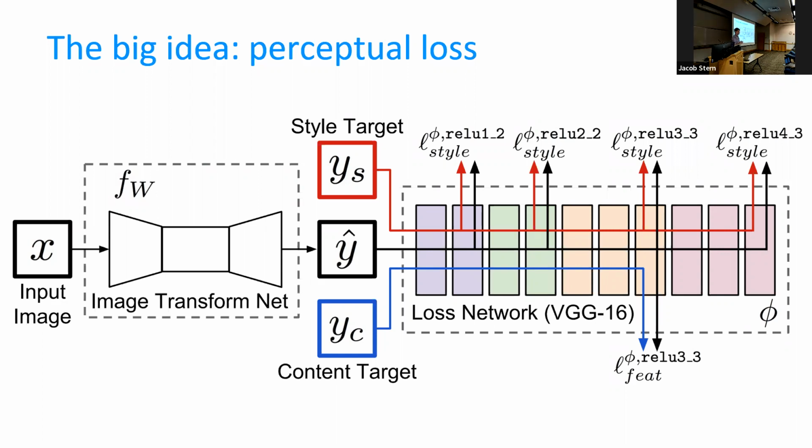Does that make sense? So now how long does it take to produce an image? If we have this trained network, it's a single forward pass that goes directly from image to style transferred image.